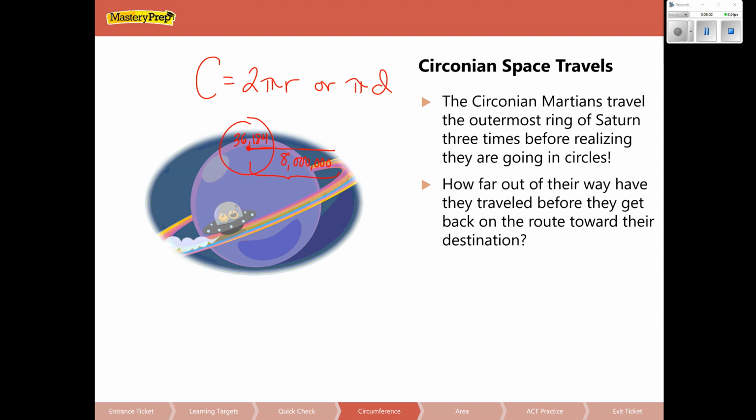But if we talk about the overall radius, it's going to be 8,036,184. So would you do the pi times that? So 2 pi times 8,036,184. That is a lot.